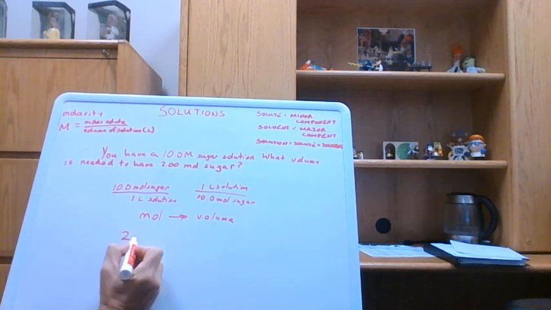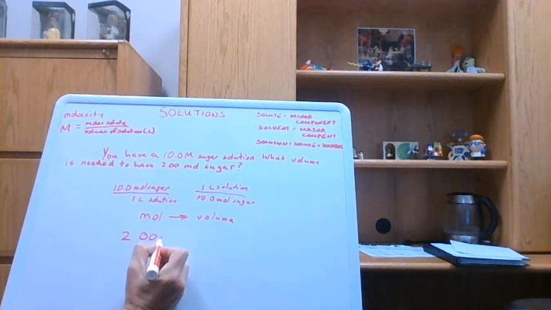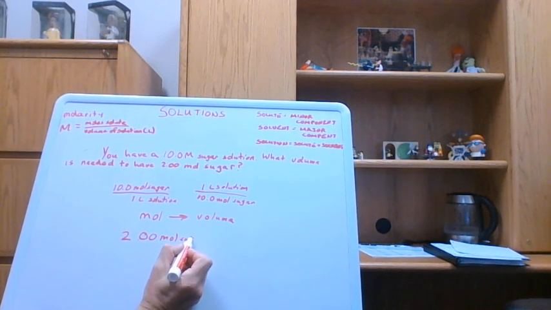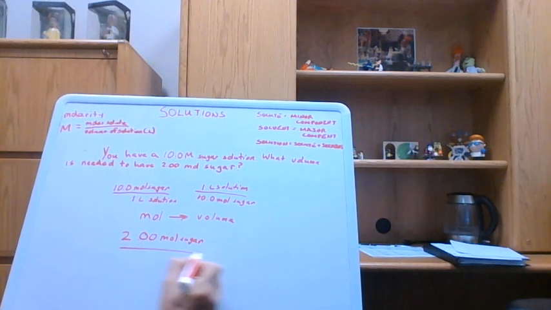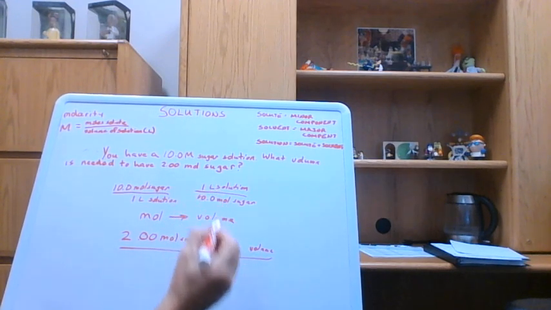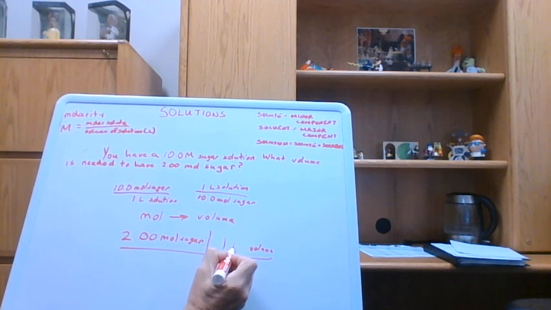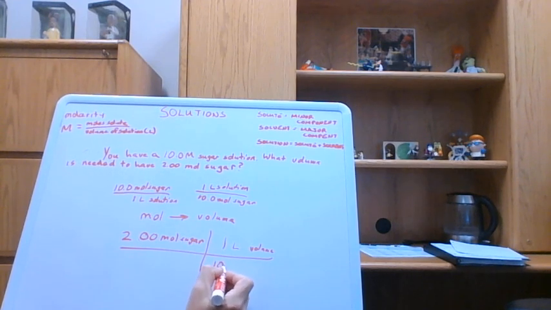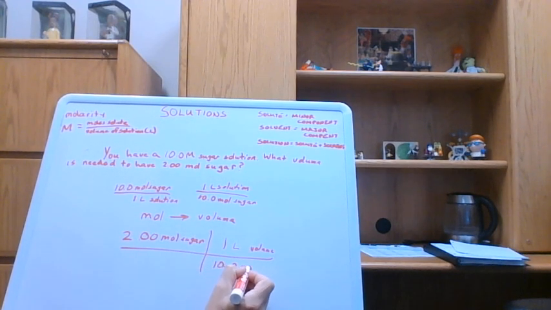So we're starting with 2.00 moles of sugar, and where we want to end up is a volume of solution. Right, so we need this conversion factor where we have 1 liter is the same as 10.0 moles of sugar.